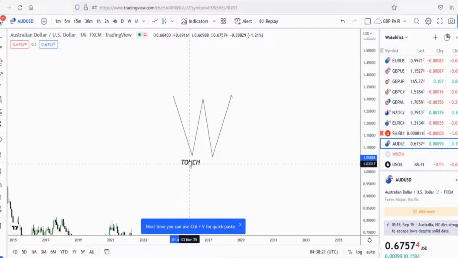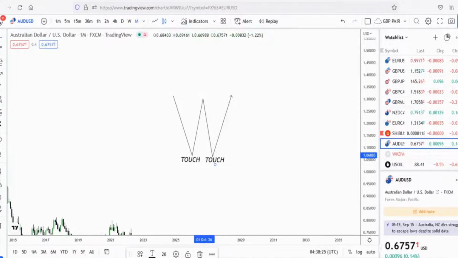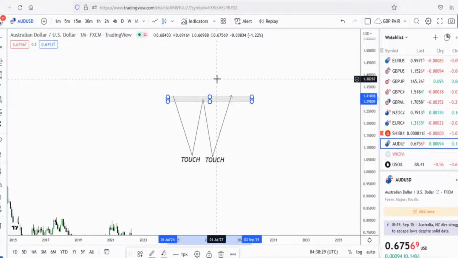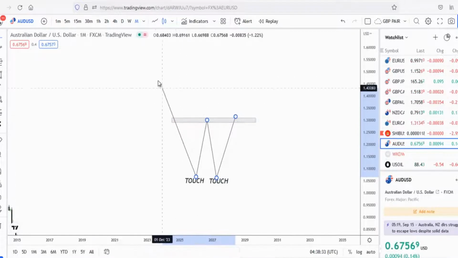We have one touch here, then another touch here, then we have a neckline at this point here.